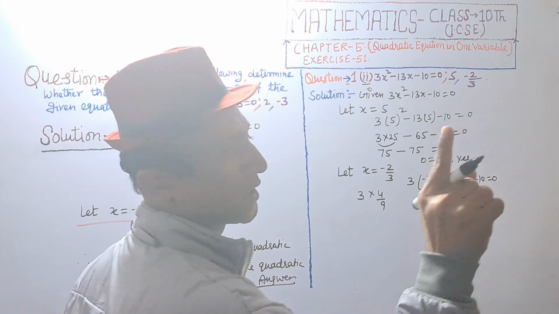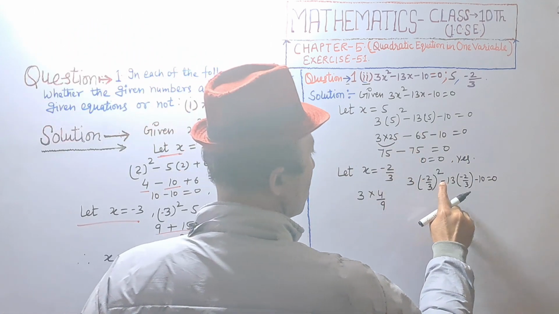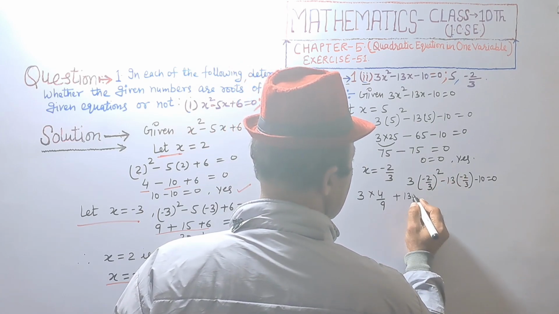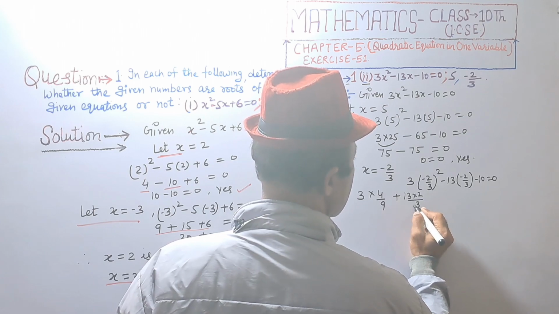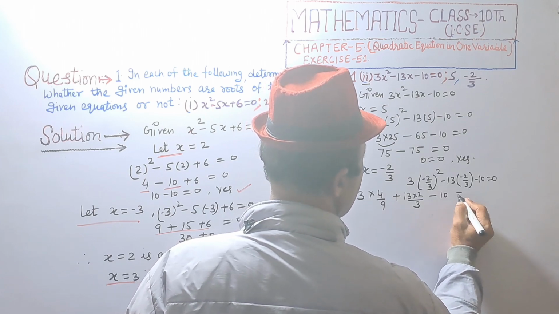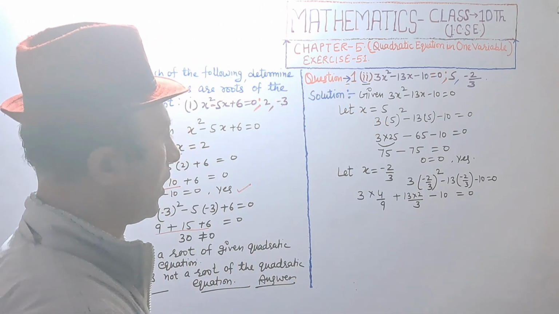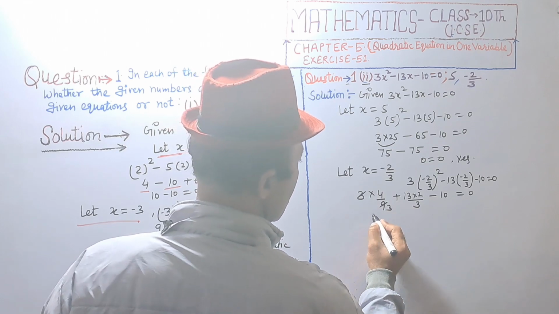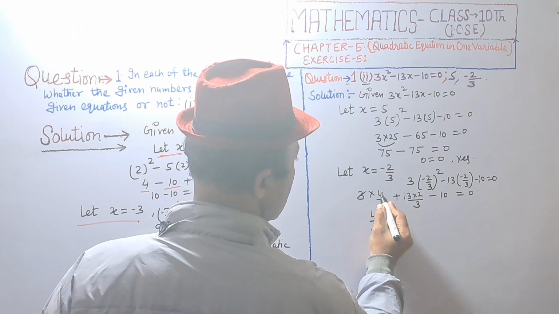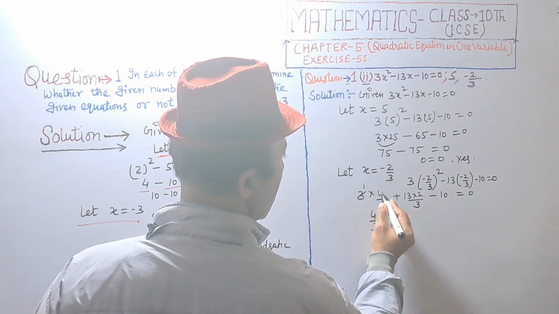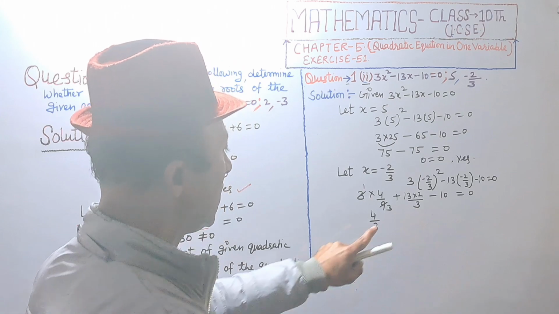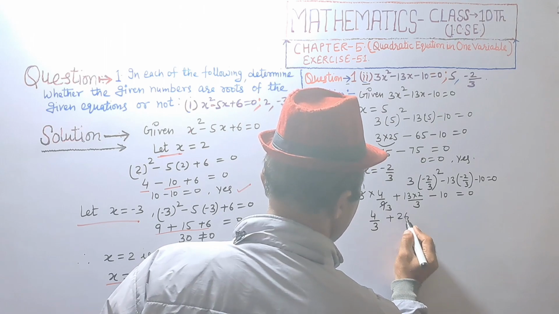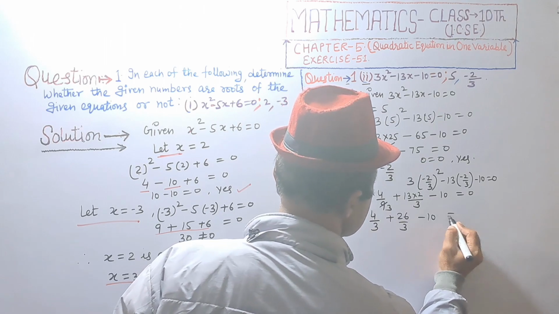Minus square, that will be positive, and minus into minus will be plus 13 into 2 upon 3 minus 10 equal to 0. 3 3s are 9, that is 4 upon 3, and 13 2s are 26 divided by 3 minus 10 is equal to 0.